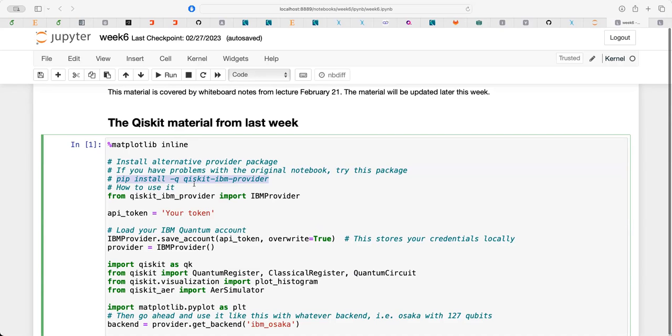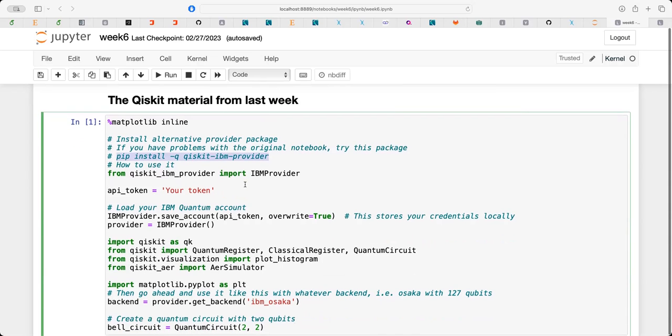You would install this Qiskit IBM provider, and that would be the only thing needed in case you were not able to install the package which I have been using. This depends a little bit on Unix and Linux distributions, how everything is set up, which Python version you have, etc.